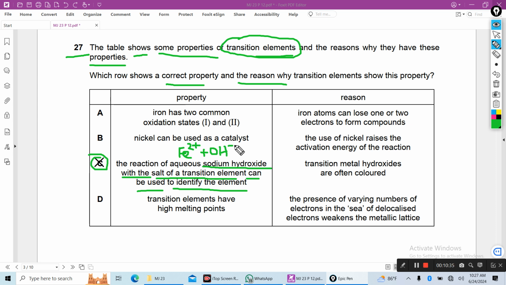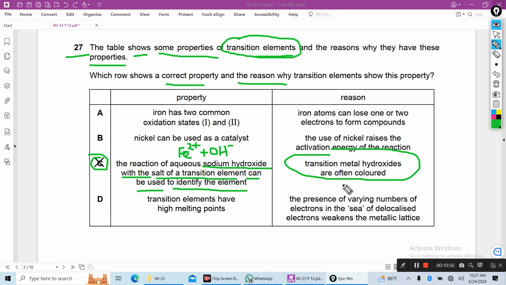So a transition metal salt reacts with sodium hydroxide to produce its hydroxide. Their hydroxides are different colors. By observing the color you can detect the transition metal.